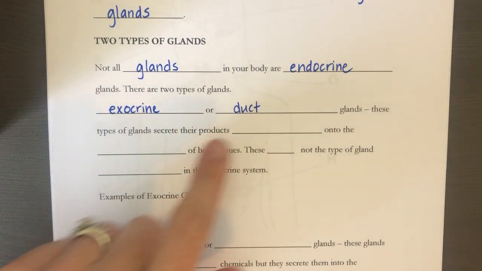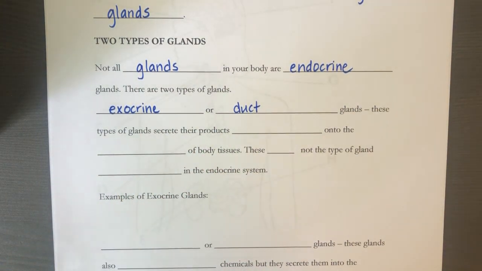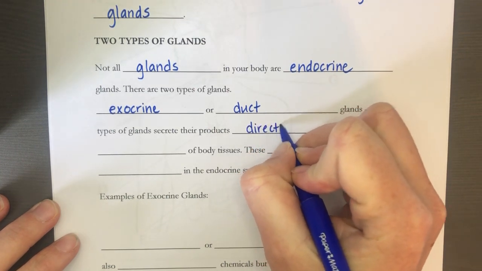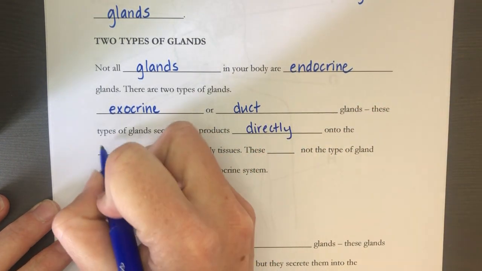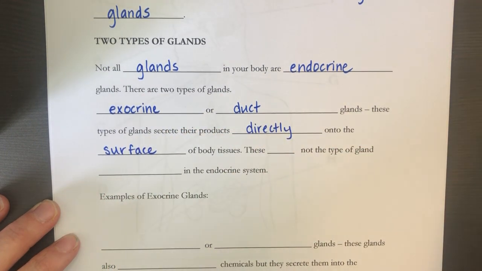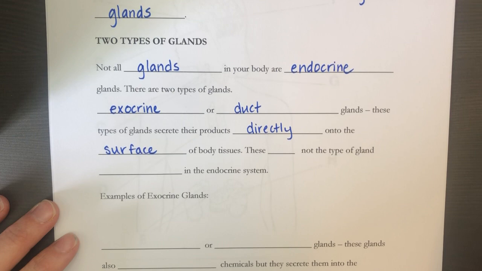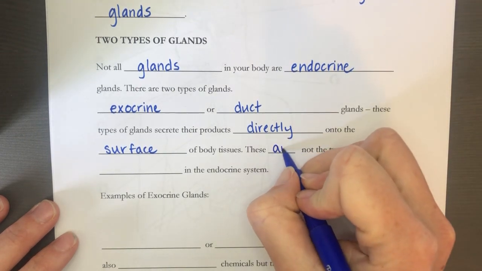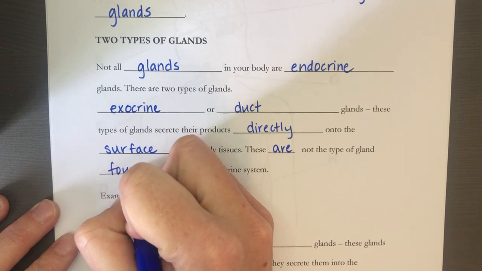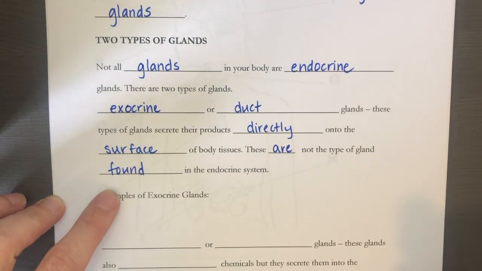And they have ducts because they secrete their products directly onto the surface of your body tissues. And I'm going to give you a few examples of those in just a minute. But these are not the type of gland found in the endocrine system.